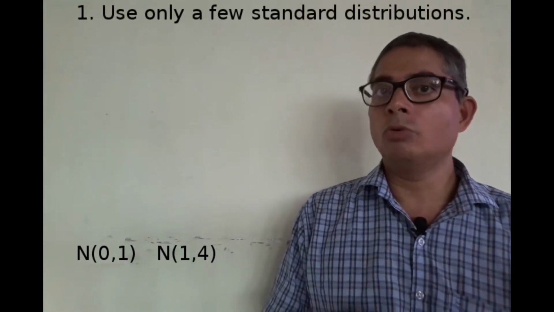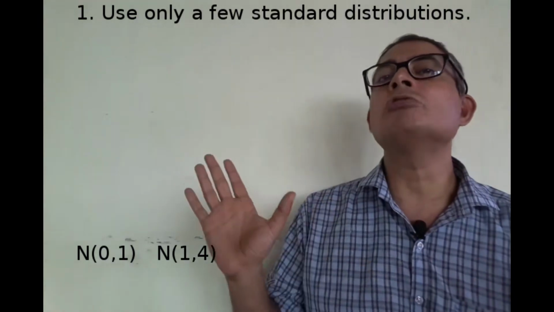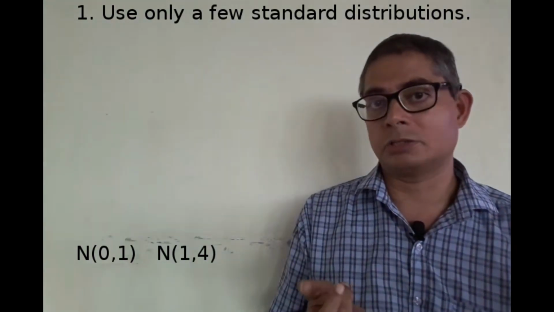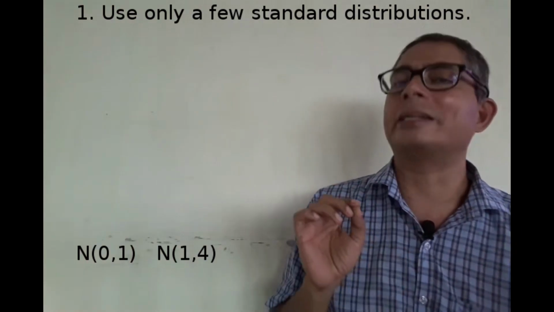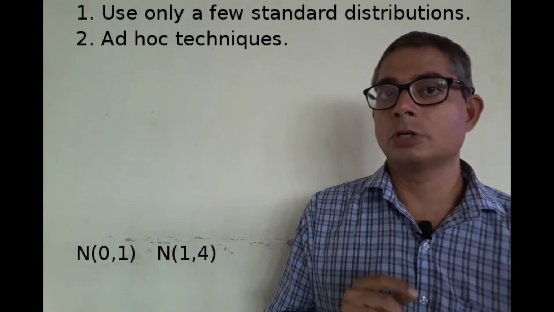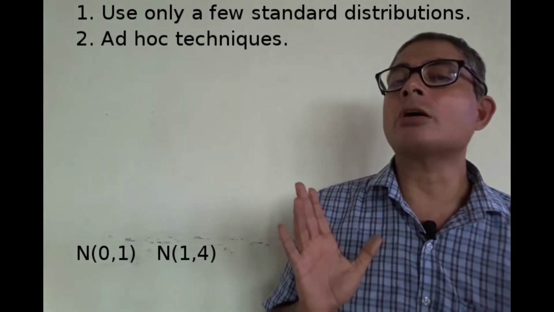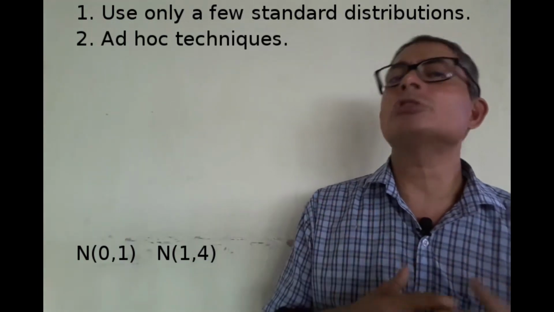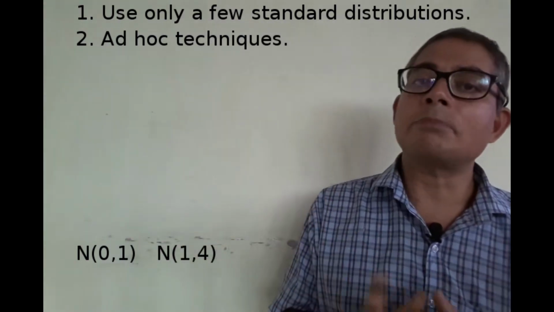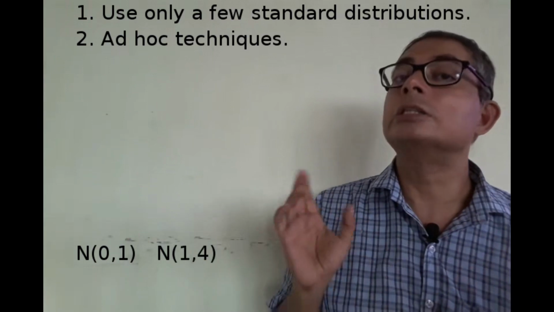One, we just worked with only the few standard multivariate distributions that were available to us. This was rather restrictive. And two, we could apply ad hoc analytic methods without caring much about the underlying distribution. Most applied statisticians used this approach.